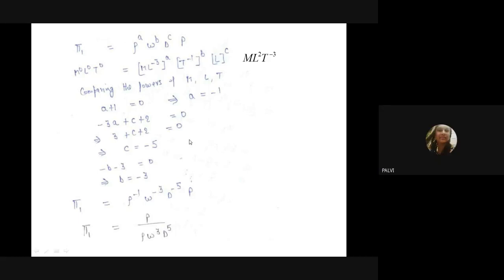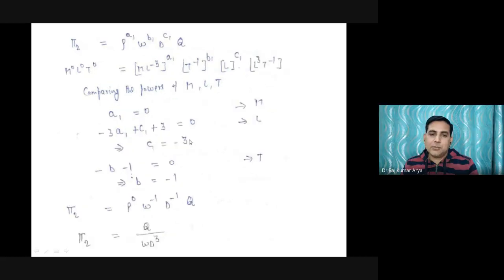Now go to the next one. Next one we have there is flow rate Q. Now we have added all those repeating variables with flow rate. We do the same analysis with the flow rate. Calculate the powers a1, b1, and your c1. So for that you got the next dimensionless group, Q upon omega d cube.